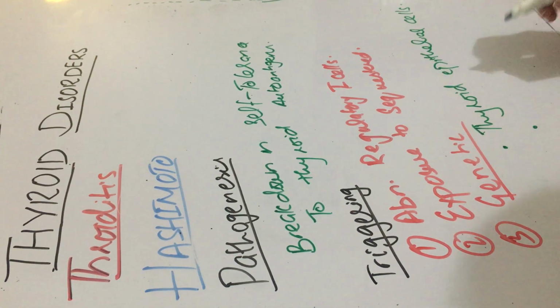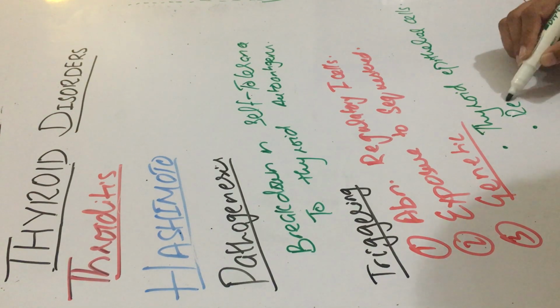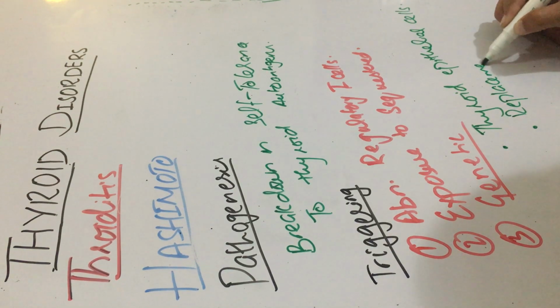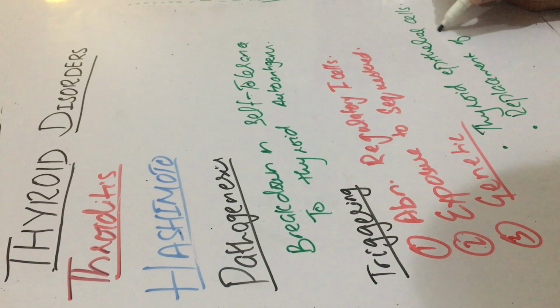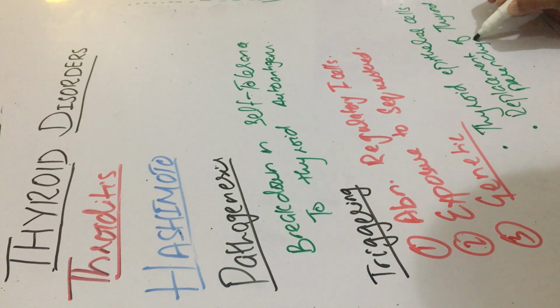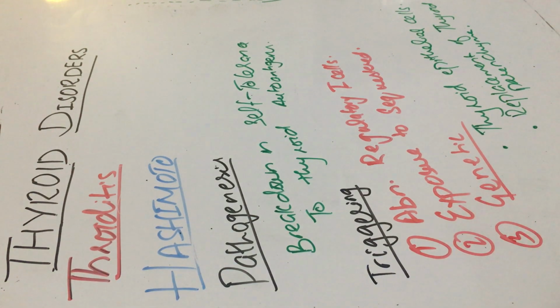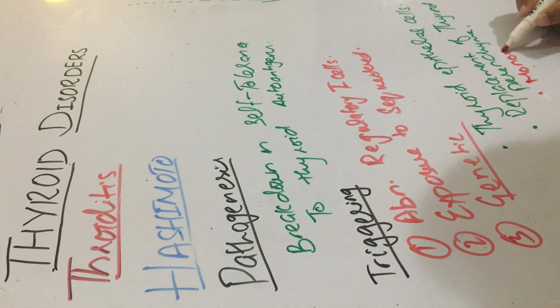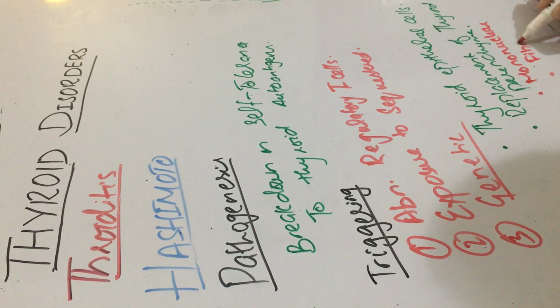So there would be the replacement of thyroid parenchyma by mononuclear cell infiltration and by fibrosis. Fibrosis would also occur.